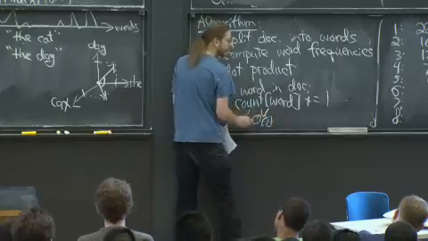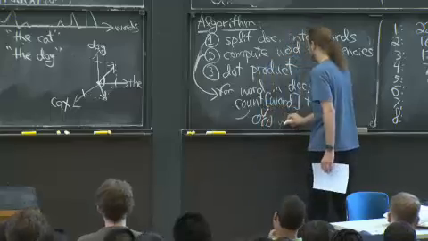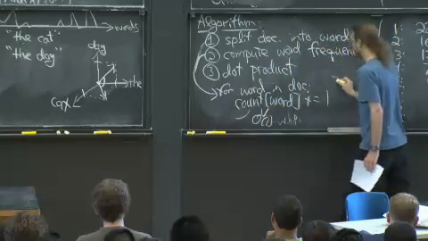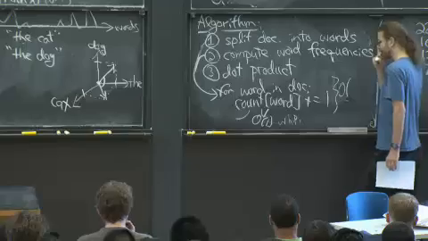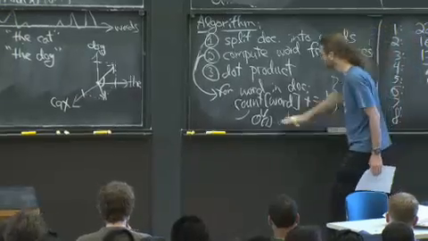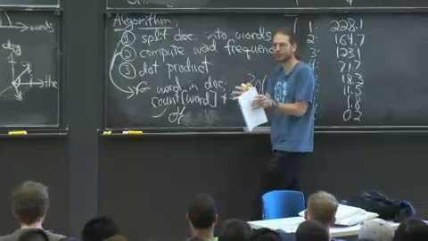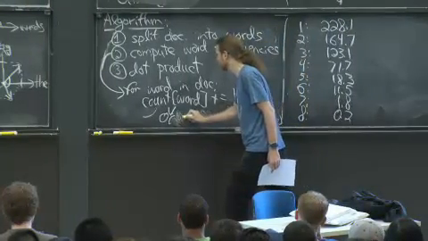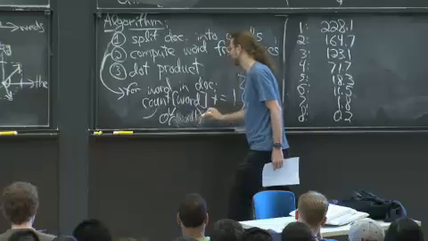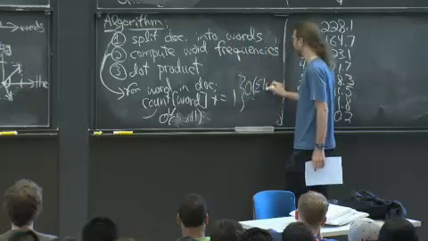And because dictionaries run in constant time with high probability, this will take order, well, cheating a little bit, because words can be really long. And so to reduce a word down to a machine word could take order the length of the word time. Okay, be a little more precise.